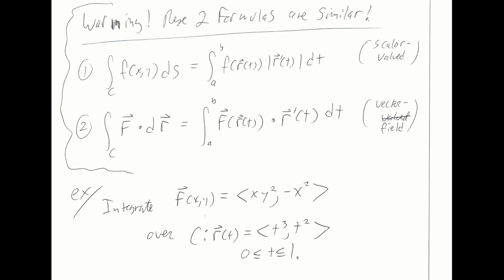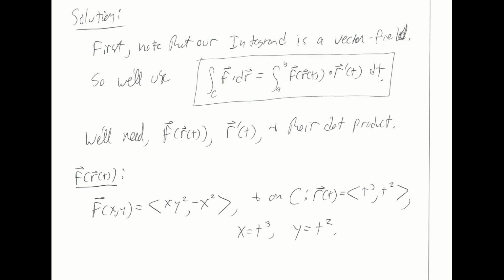So let's look at an example and a sample problem for some line integrals of some vector fields across smooth curves. So here is a vector field. Big F hat is given by this vector where the first component is x times y squared and the second component is the opposite of x squared. Let's integrate that along the curve given by parameterization t cubed comma t squared, where t is going between 0 and 1.